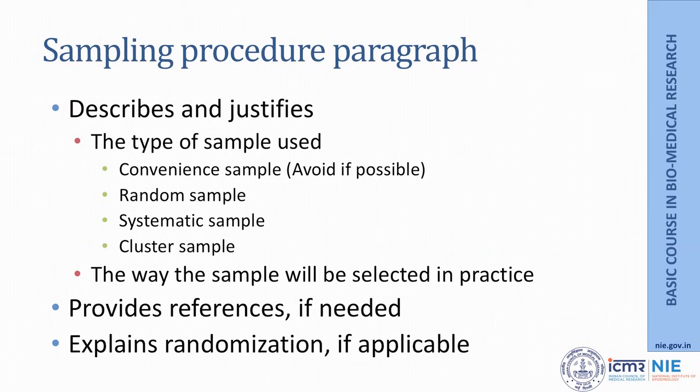You need to give in detail what type of sampling you are going to be using, whether it is a random sample or a non-random sample, using systematic sampling, simple random sampling, cluster sampling, multi-stage sampling, or whatever the case may be as is applicable to your study, and how are you going to select this sample in actual practice.